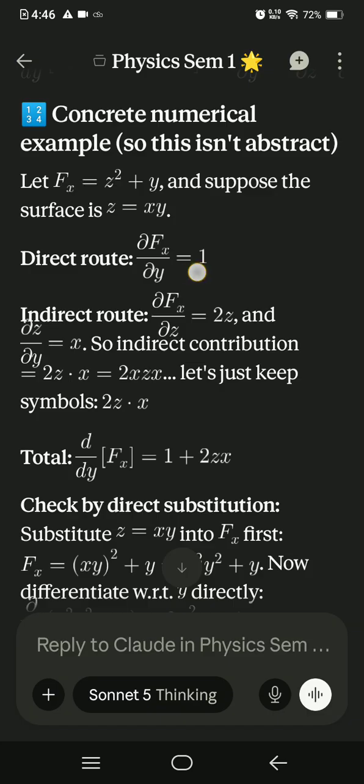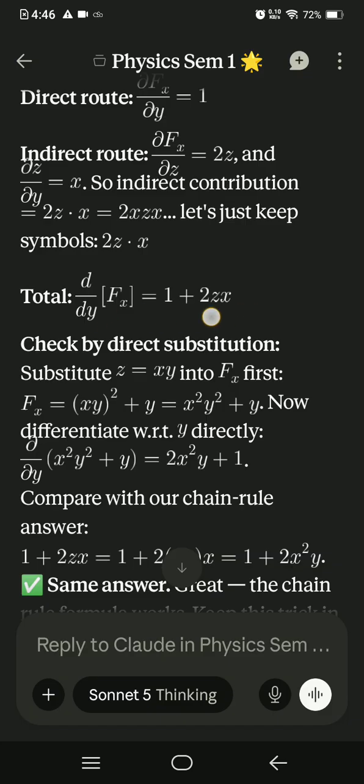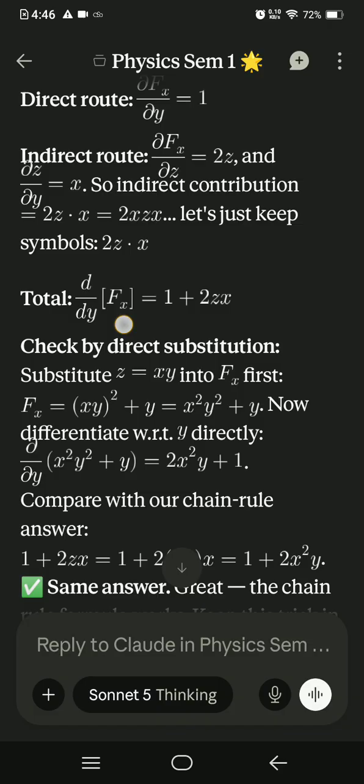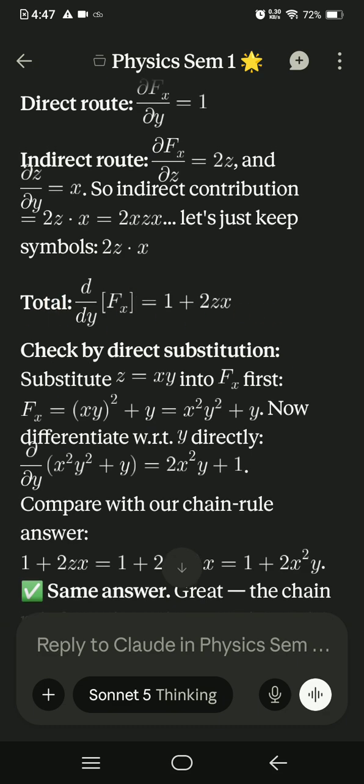Then 2zx plus 1 is our total effect, like how fx changes due to y.